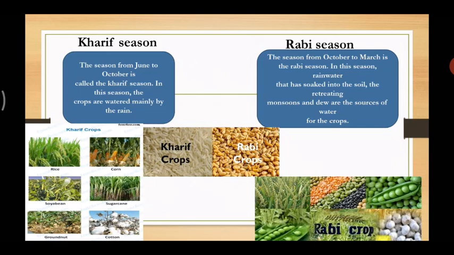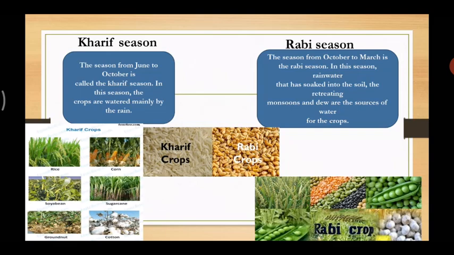Then the next season is called the Rabi season. Now this season is from October to March. In this season, rainwater that has soaked into the soil, the retreating monsoons and dewdrops are the sources of water for the crops.